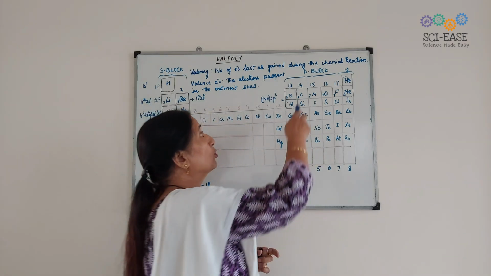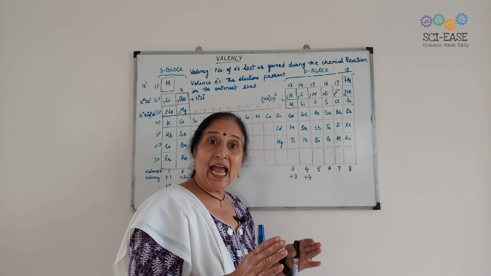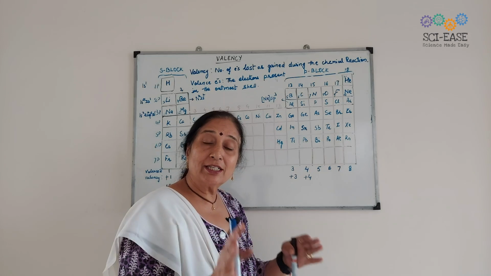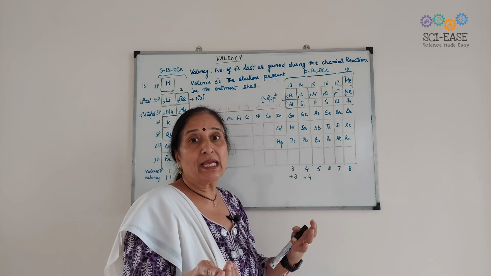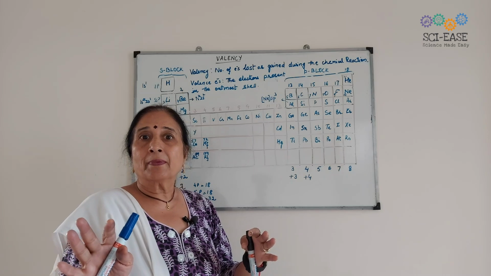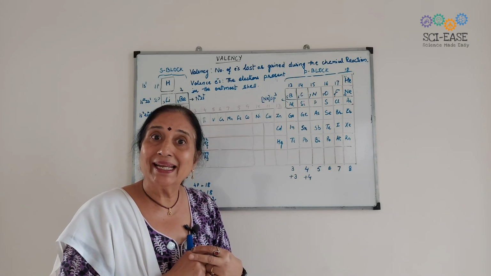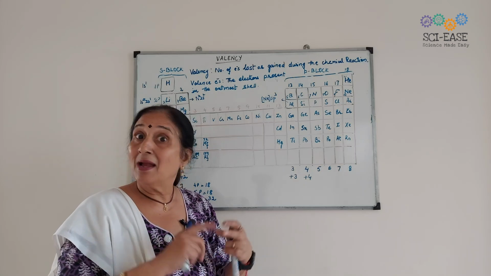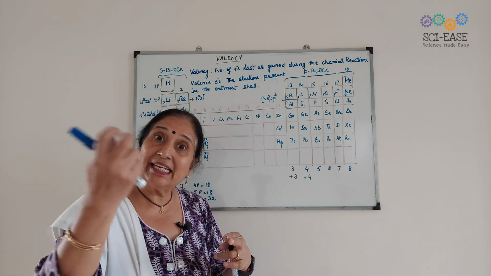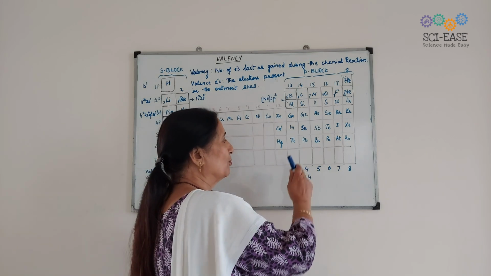Now, come to group 15. They have 5 electrons in its outermost shell. You will say that they will lose these 5 electrons and they will acquire the nearest noble gas configuration. No, here they will gain 3 electrons. They want 8 electrons in its outermost shell.